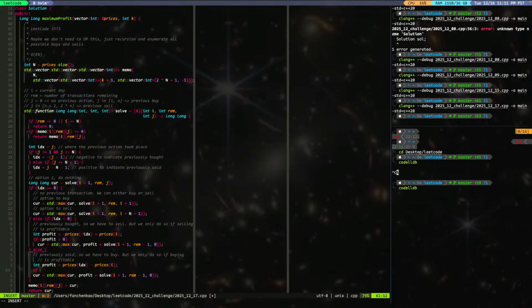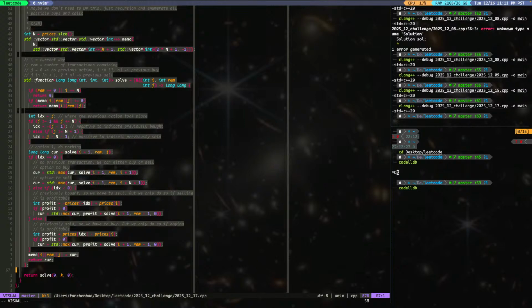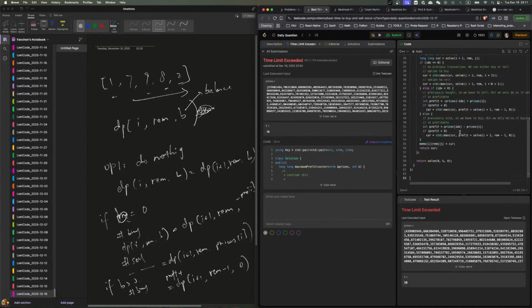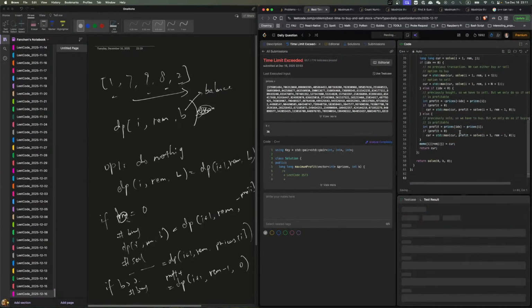If profit is larger than 0, then we do this. I'm not sure if this is the secret to avoid extra transactions.